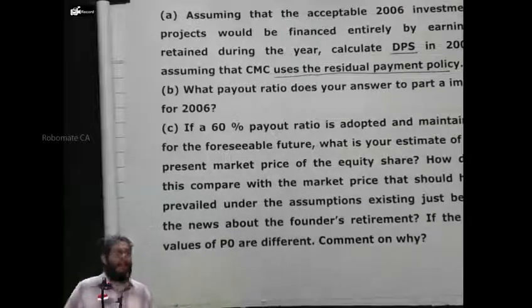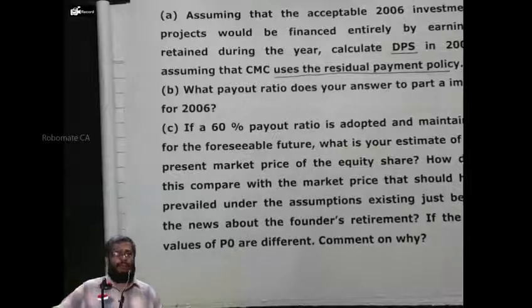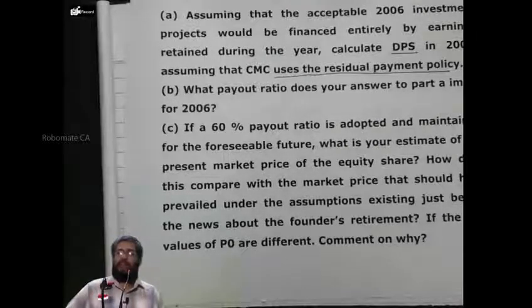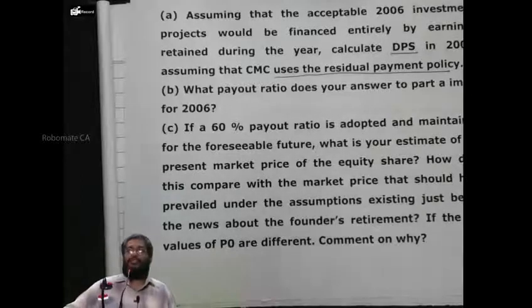Write down. Next, Part B, payout ratio. Underline that. EPS is equal to 20 lakhs divided by 2 lakhs.